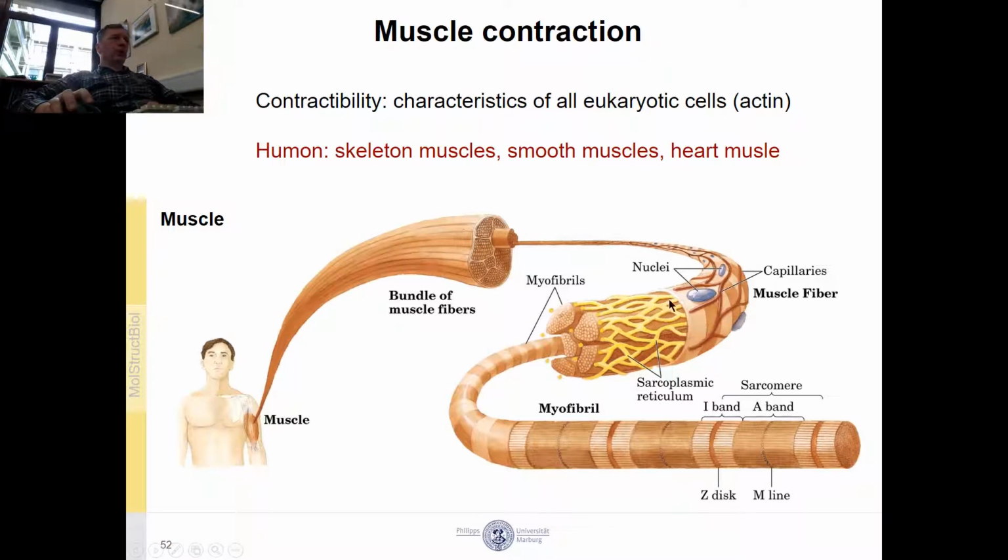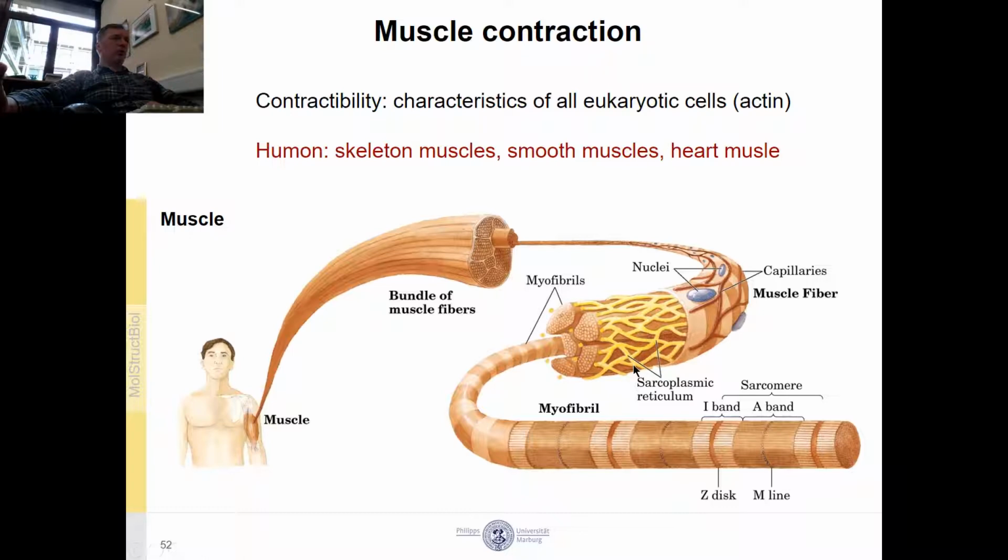The myofibrils are crossing these cells, and they are highly structured, as can be seen in electron microscopy, into band-like structures. I band, A band, the central disk, and the M line, and from one Z disk to another one defines one sarcomere. We have a lot of sarcomeres, and actually almost one nucleus per sarcomere.